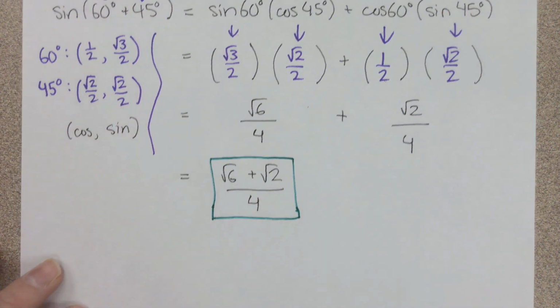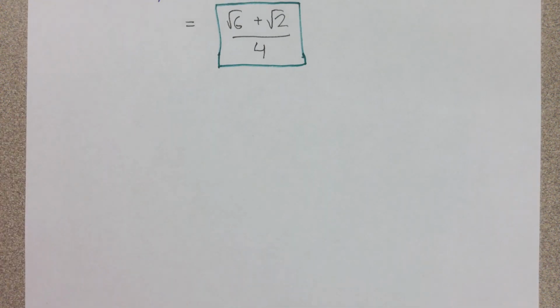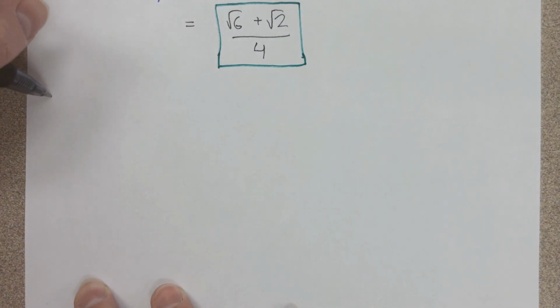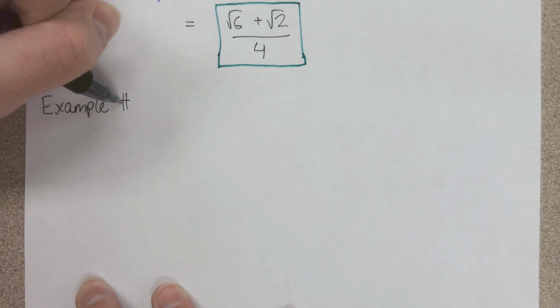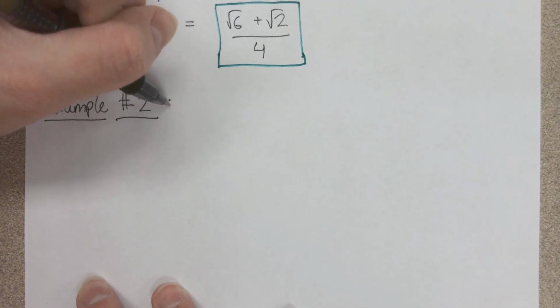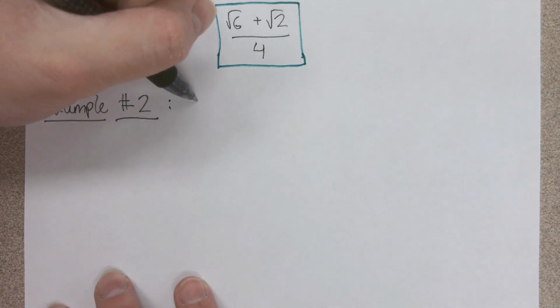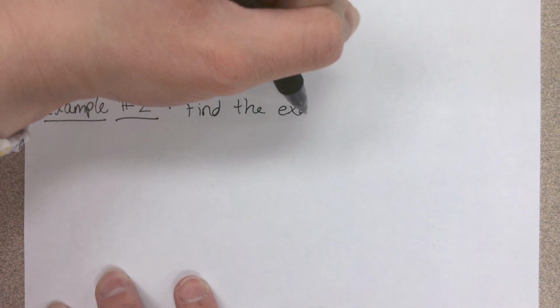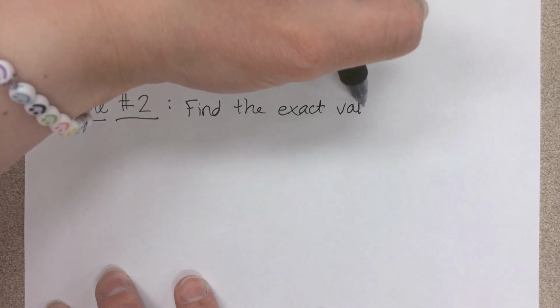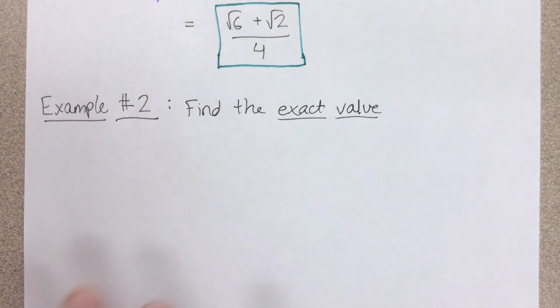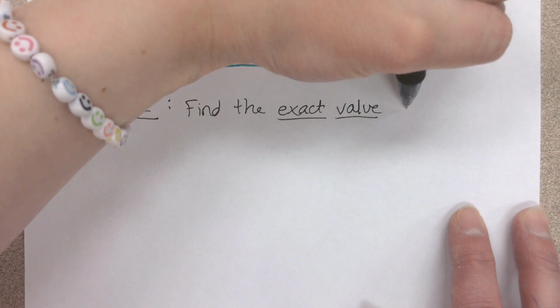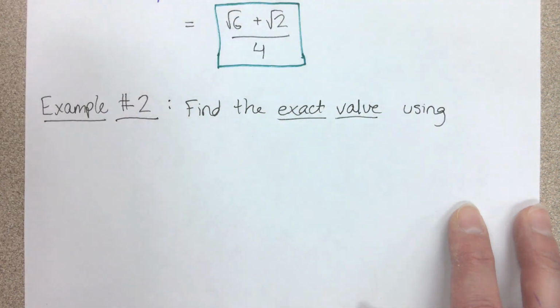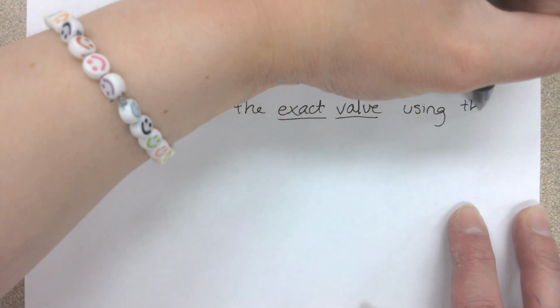Okay, let's do another one, this time with a cosine formula. Find the exact value using the difference formula.